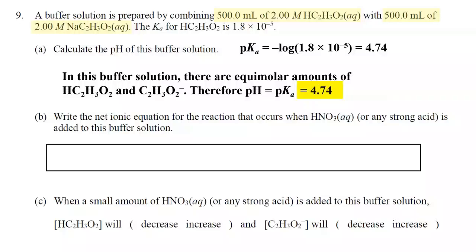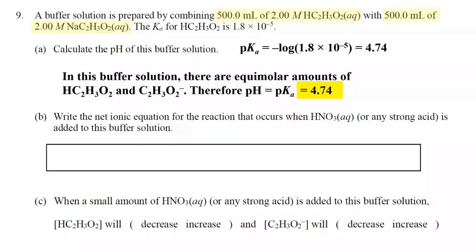And now moving on to part B, we have to write the net ionic equation for the reaction that occurs when nitric acid, HNO3, or any strong acid is added to this buffer solution. There are two components in the buffer solution. There's acetic acid, the weak acid, and there's acetate, the conjugate base.